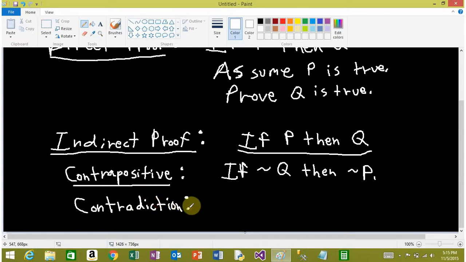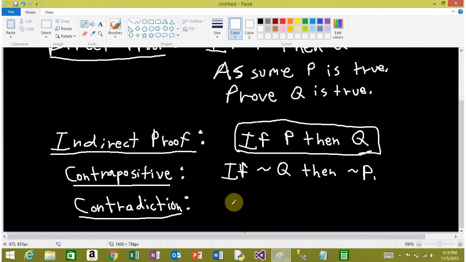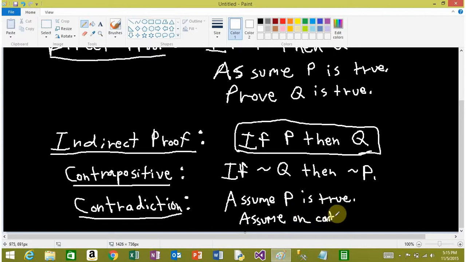In proof by contradiction, we have our same conditional statement, if P then Q. What we're going to do in this technique is assume P is true, and then we're also going to assume, as they say, on the contrary, that not Q is true.